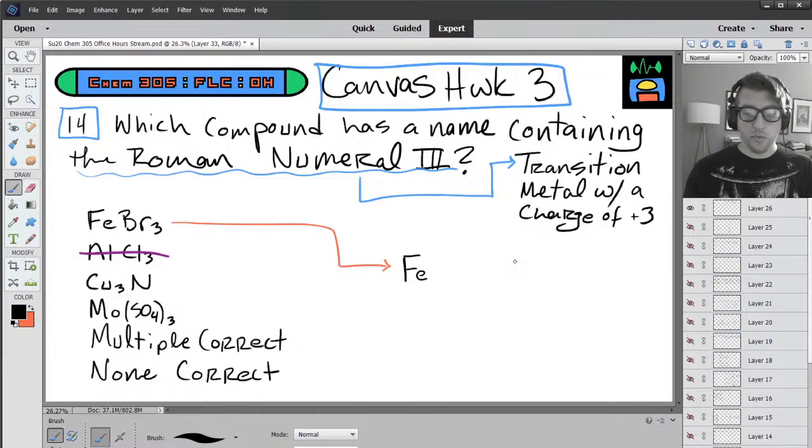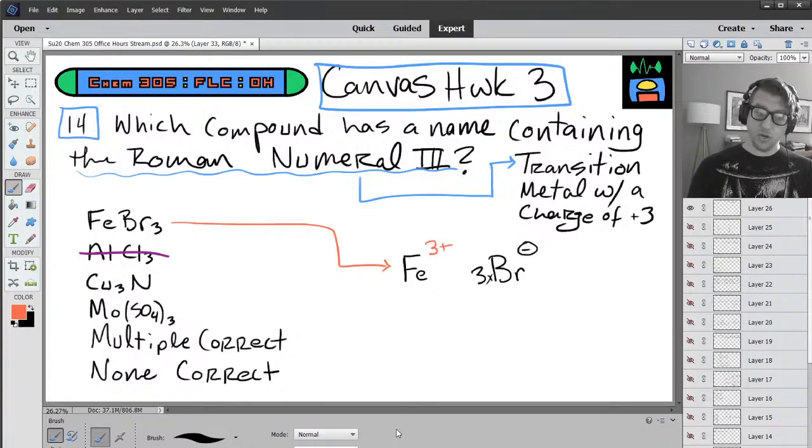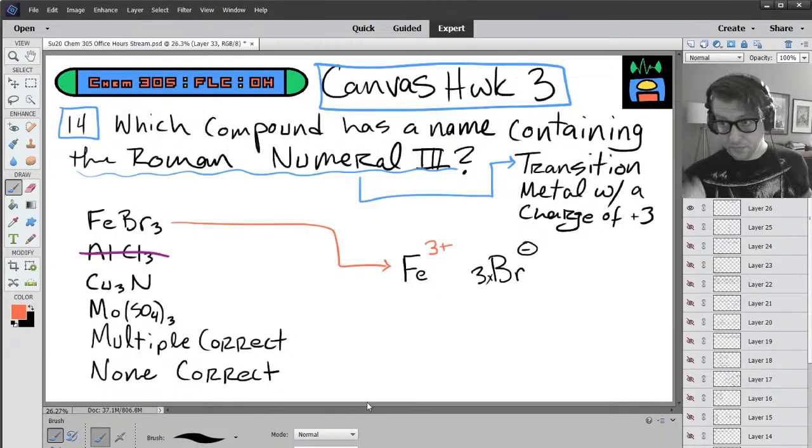This is paired with bromine as an ion, bromide. If you look at the periodic table, you can determine its charge. It has a charge of -1, and we have 3 of them in this molecule. That means that iron will take a charge of +3.